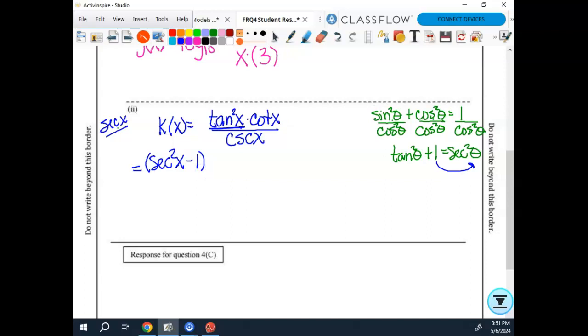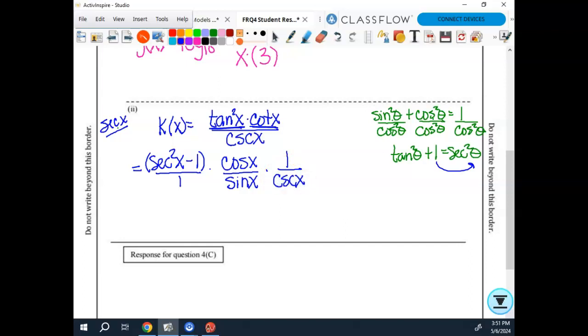And then cotangent. Now, I'm going to separate all this stuff out, okay? Meaning that I'm going to do secant squared x minus 1 over 1, because I can do all this separate, times, well, cotangent is really just cosine x over sine x, times 1 over cosecant x.